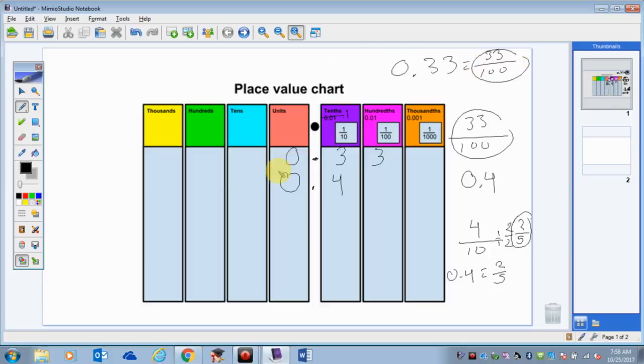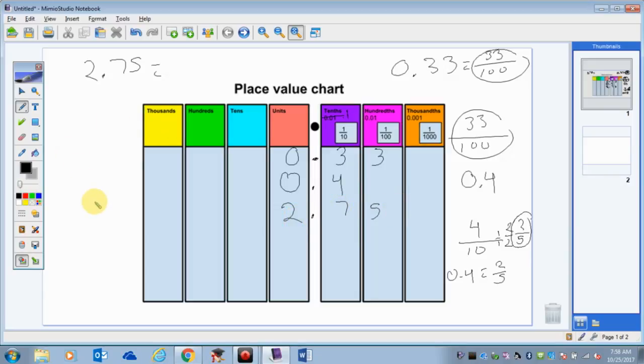Alright, we'll do another one. We have 2.75, and we'll bring the answer back up here to show that 2.75 is equal to something with a fraction. It's actually going to be a mixed number. So 2.75 is going to be 2 and 75 hundredths.